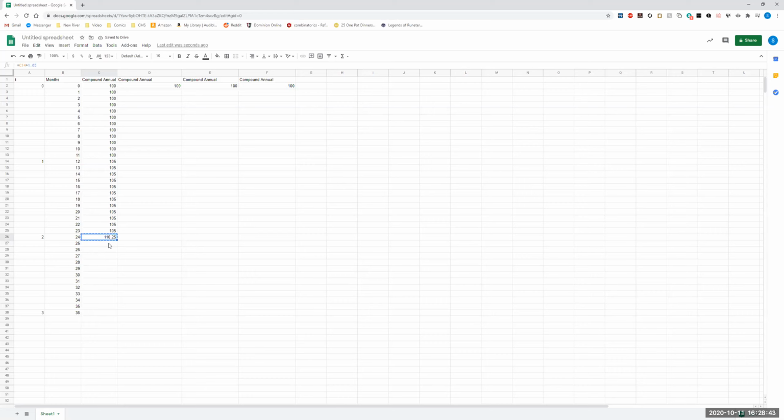And it will stay this way until 3 years have gone by, in which case it will again multiply by 1.05.